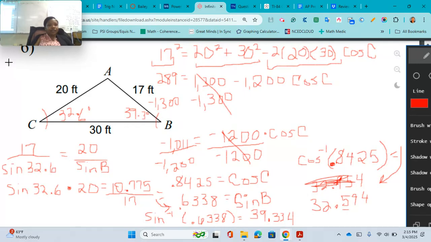So 180 minus 32.6 minus 39.3 and that equals what?